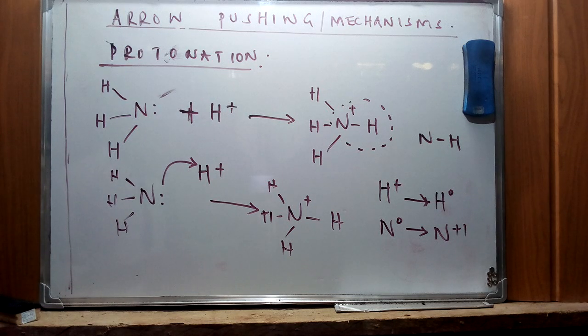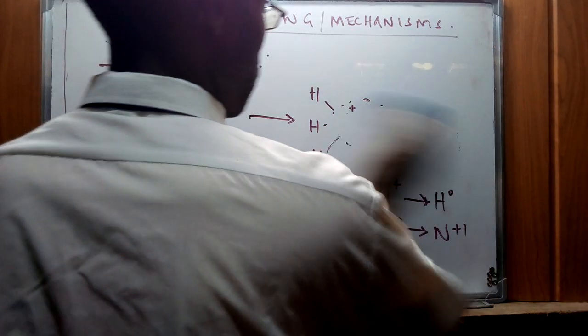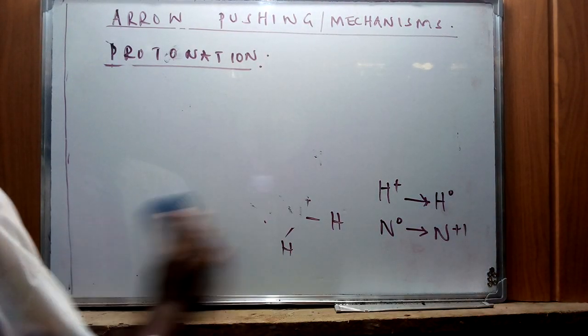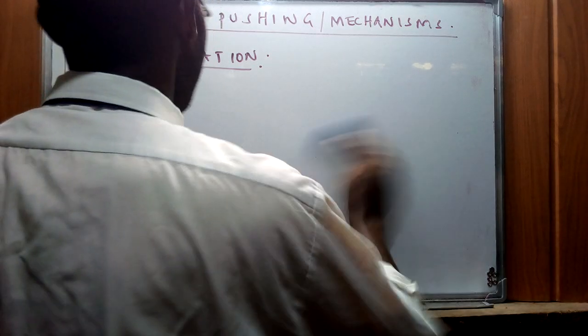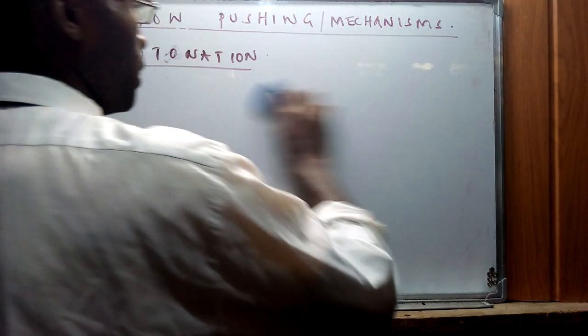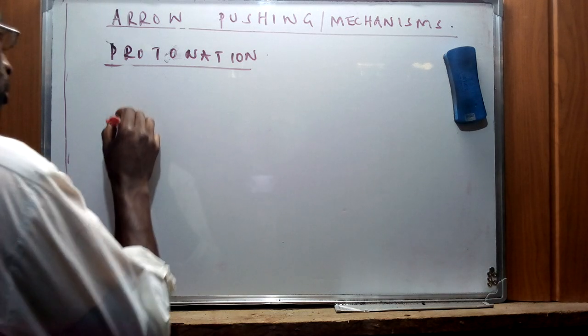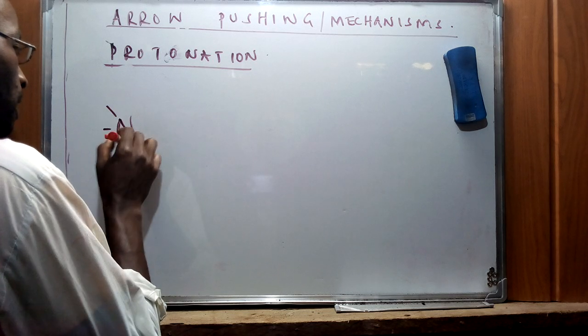In some interactions we are going to have reverse reactions, and we are going to consider the movement of those charges in a reverse reaction, and that's the concept of deprotonation. Deprotonation is going to be a loss of a proton from this particular ammonium ion.